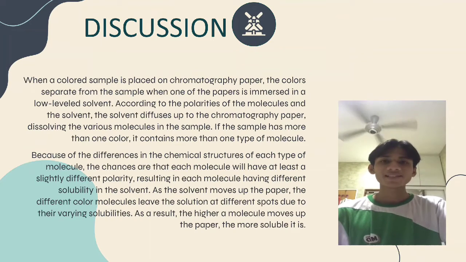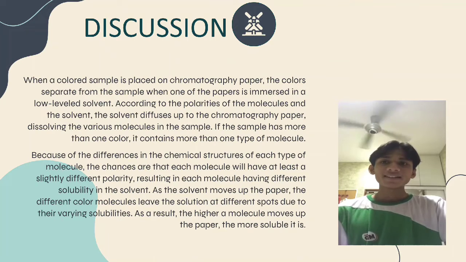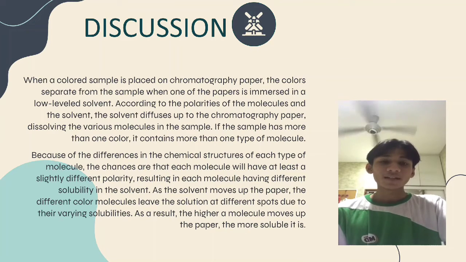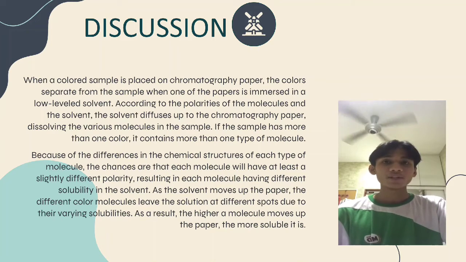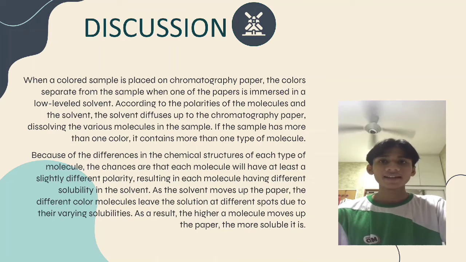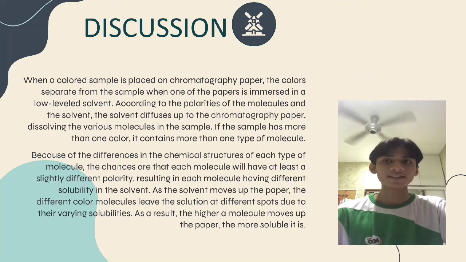Now I will explain the discussion of the experiment. When a colored sample is placed on a chromatography paper, in this experiment we use ink A, B, C and U, the colors separate from the sample when the paper is immersed in a low-level solvent, which in this experiment is sodium hydrogen carbonate.